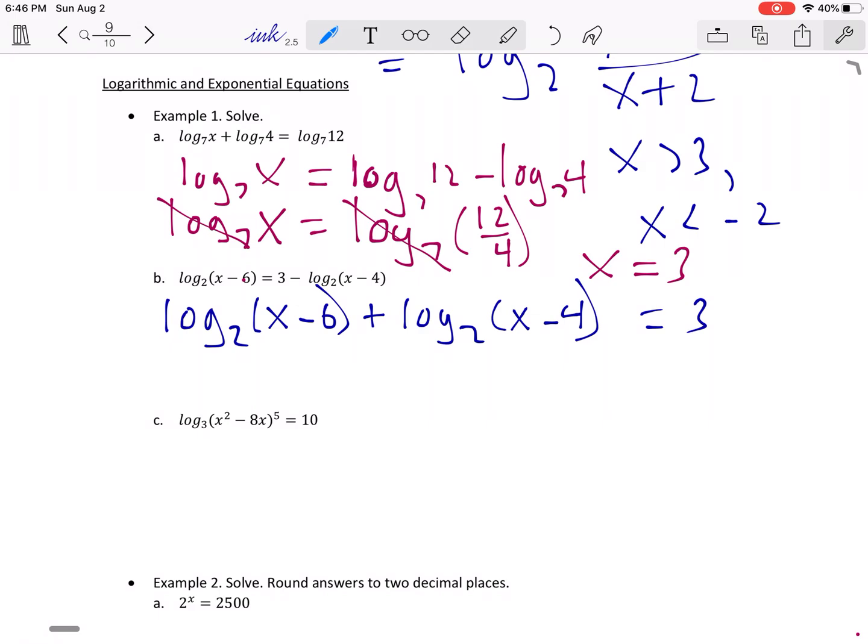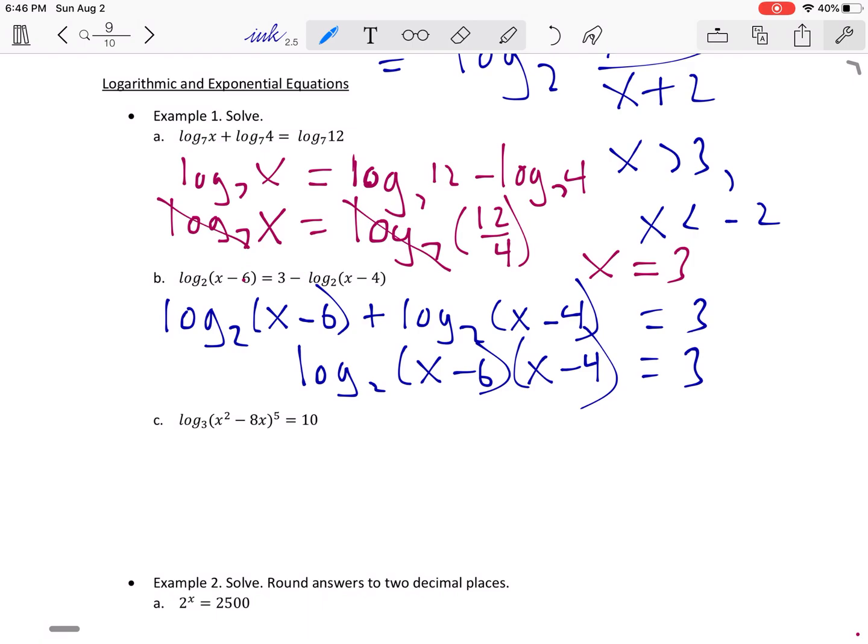We can combine the x minus 6 and x minus 4. That's a sum, so it's going to be written as a multiplication. Now this is all equal to 3.